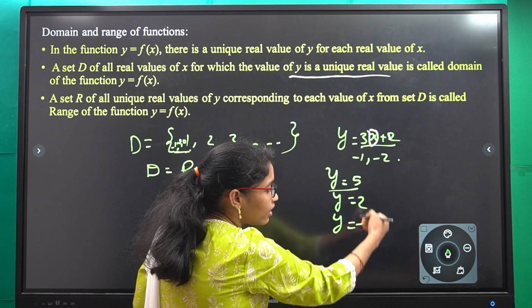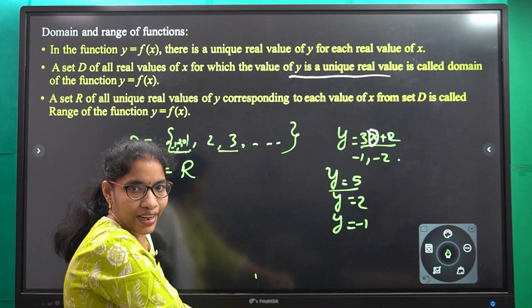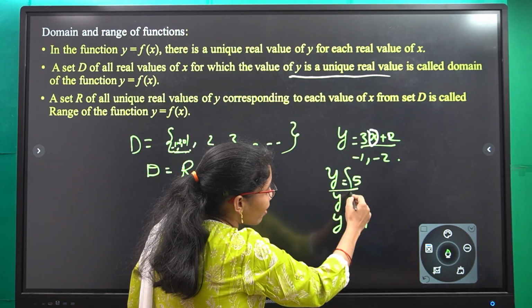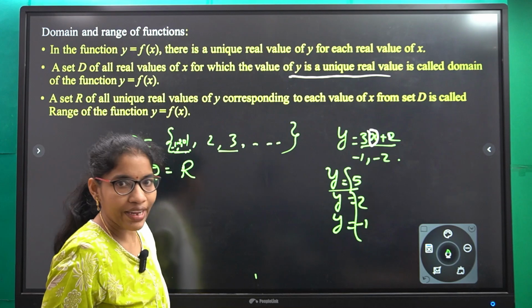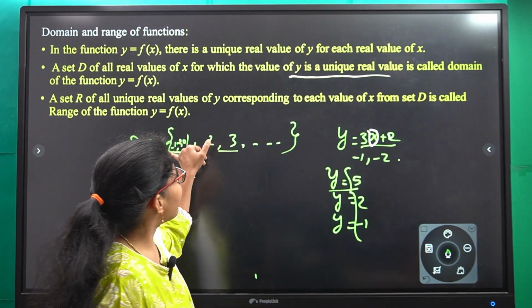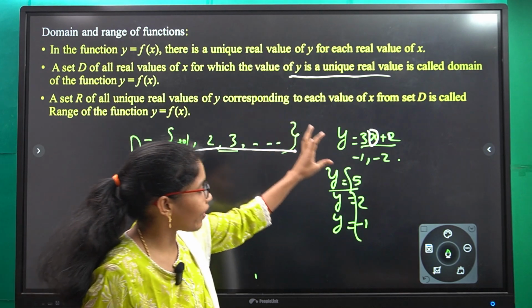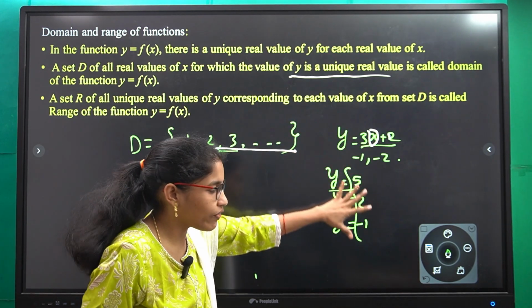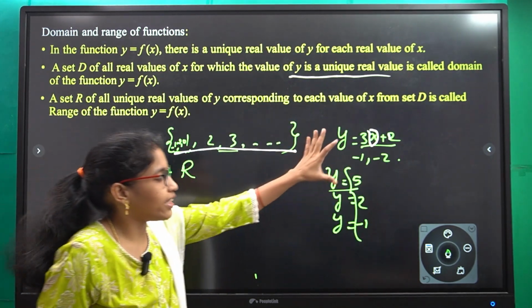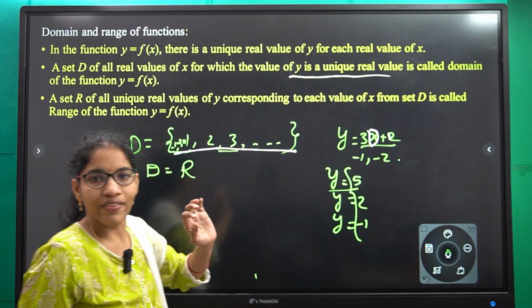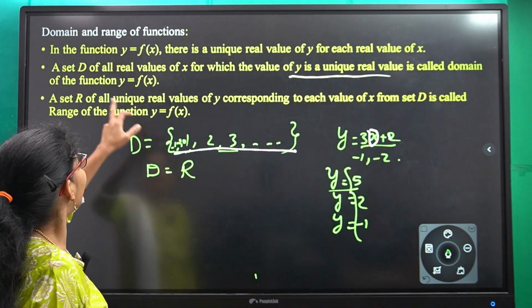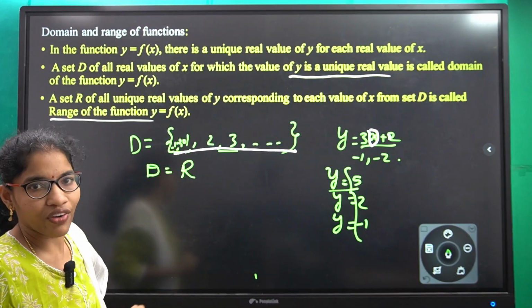Minus 1. Like that we are getting a unique value for y, right? So the set of all those unique values of y for the values in the domain of x. You can take all the domain of x values here, and the corresponding y values you are getting, right? So the set of all those unique y values is called the range of the function f of x.